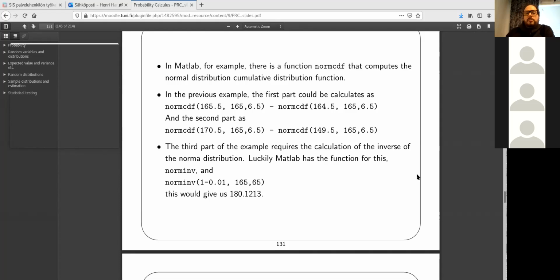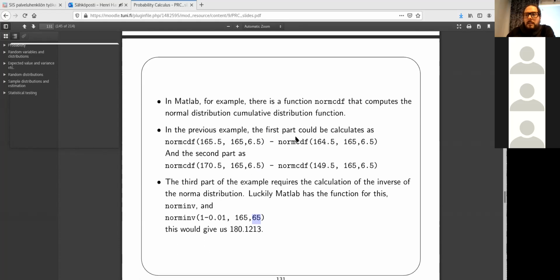The normcdf, if you don't give it any parameters, assumes it's the 0, 1 distribution, but if you give it the expected value, and here you don't use variance, instead you use the standard deviation, then you can get the results directly. And also the inverse, the norminv. Oh, there's an error here. That should be not 65, that should be 6.5. There's a typo there.